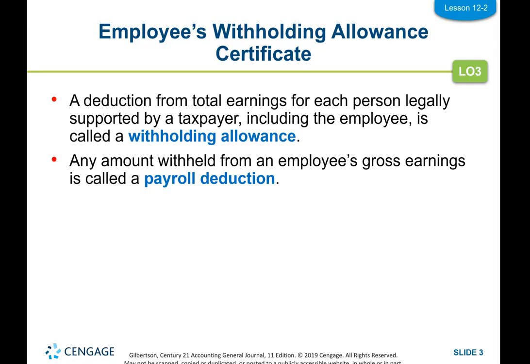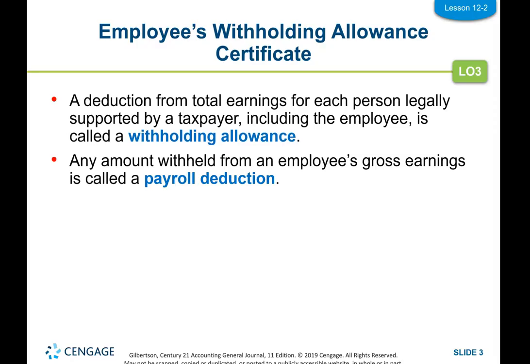So as an employee, you can designate how you want to pay your taxes, like the amount that you want to pay. That's called a withholding. So a deduction from the total earnings of each person legally supported by a taxpayer, including the employee, is called a withholding allowance.